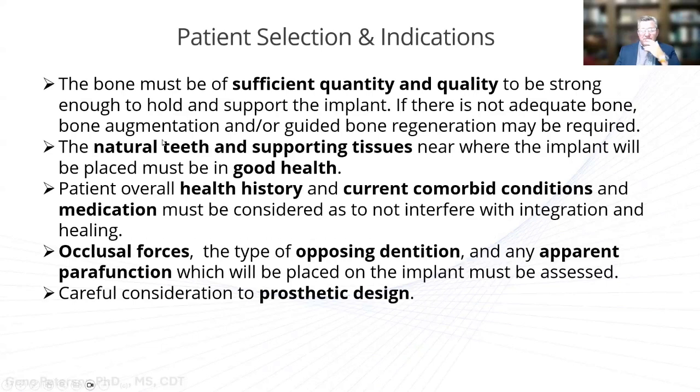Patient selection and indication. The bone must be of sufficient quantity and quality to be strong enough to hold and support an implant. If there's not adequate bone, augmentation and/or guided bone regeneration may be required. So again, we talked initially about the need for good patient selection. That bone base, that bone that we're placing the implant in, has to be of sufficient quality and quantity. If not, remember I talked about all those implants coming back?